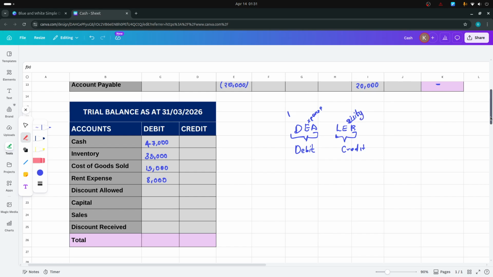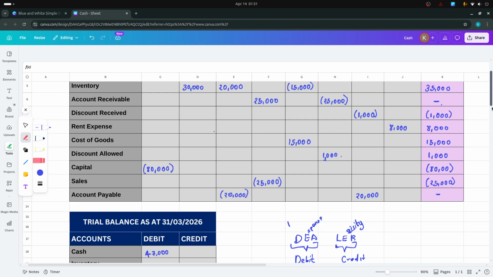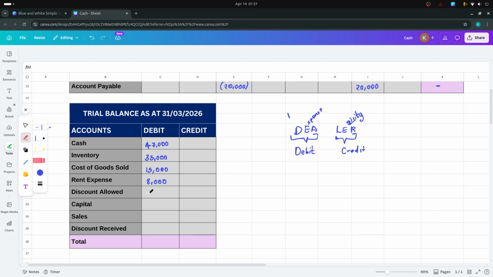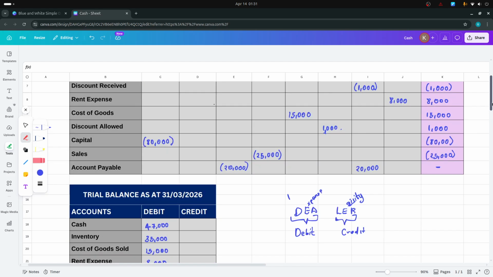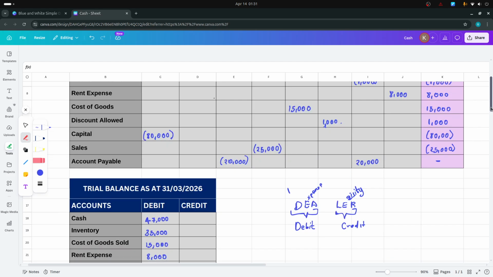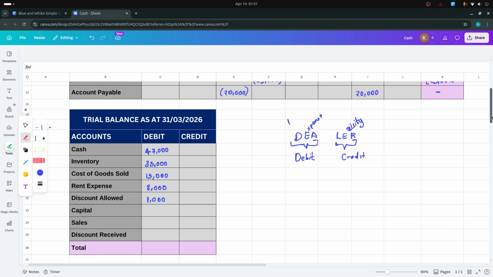And then what is our balance for the discount allowed? We have 1,000 discount allowed, which as mentioned earlier is an expense account. Then we have capital, which is 80,000. It is equity, so it's on the right side. Then that is on the credits.